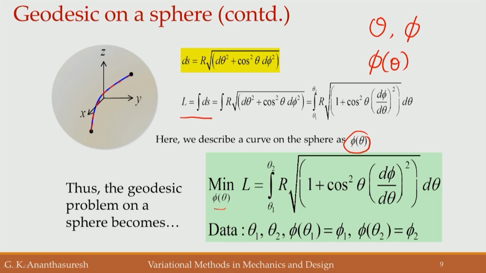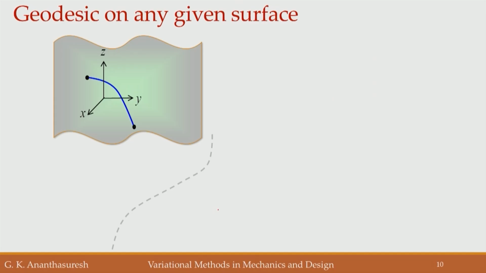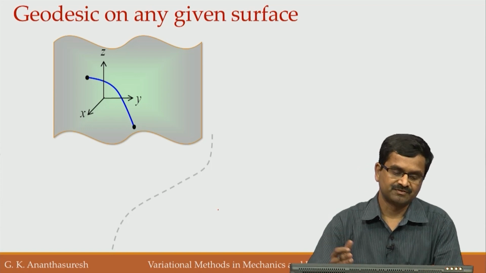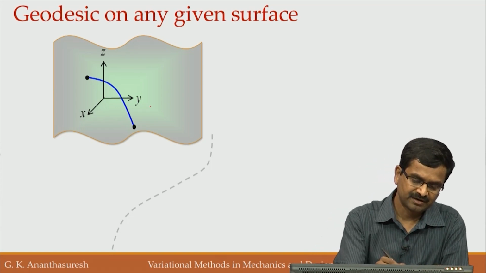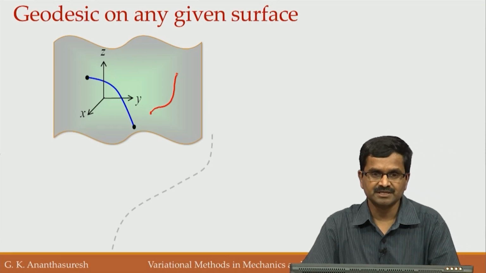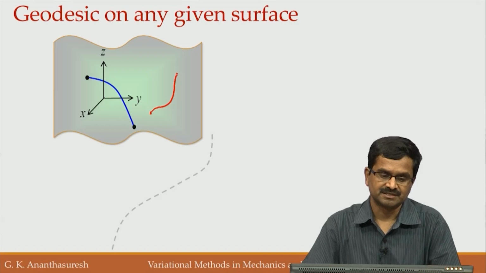We need to find this function phi of theta to get what is called a geodesic or minimum distance curve. Now, this geodesic can actually be drawn on any three dimensional surface. Here one is shown. So, if I take 2 points here and here, there will be one particular curve which follows the geodesic, or rather the minimal distance curve.